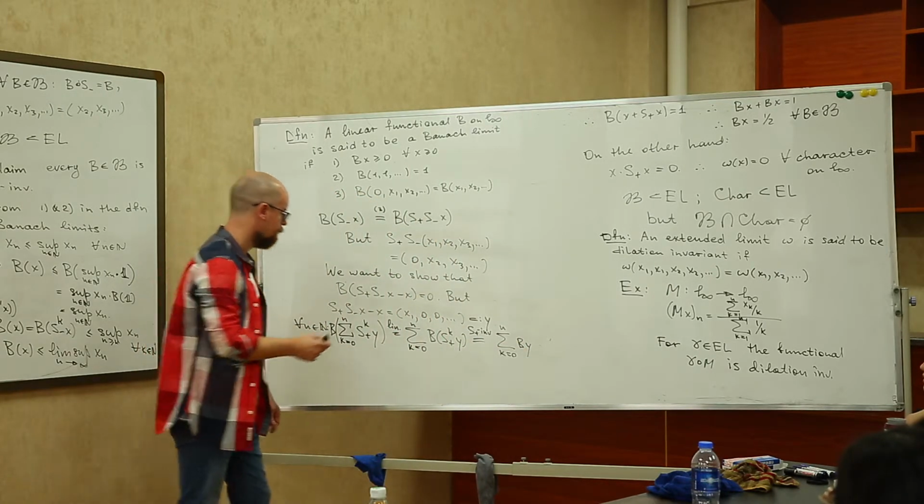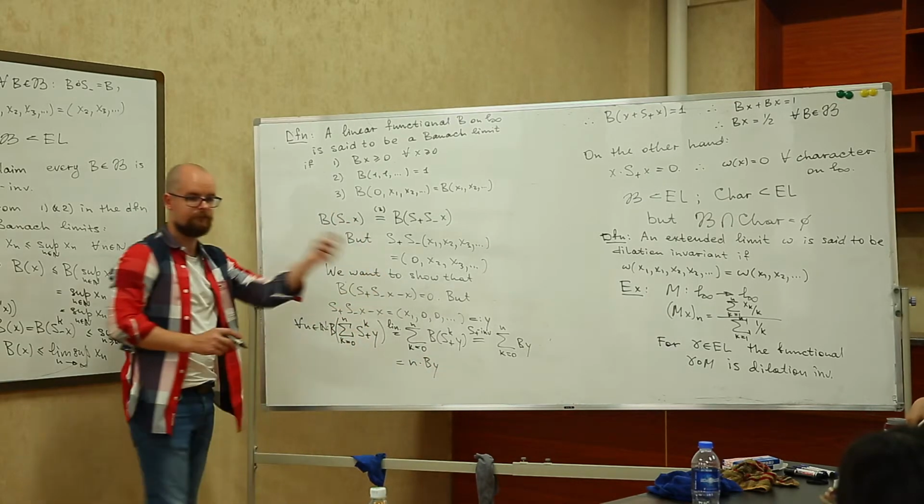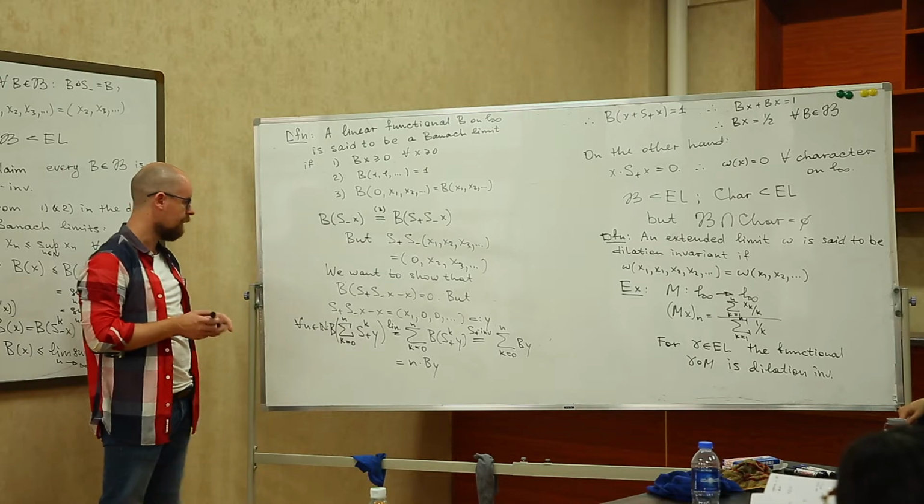So we can remove all of that, which gives n plus 1 times b of y.